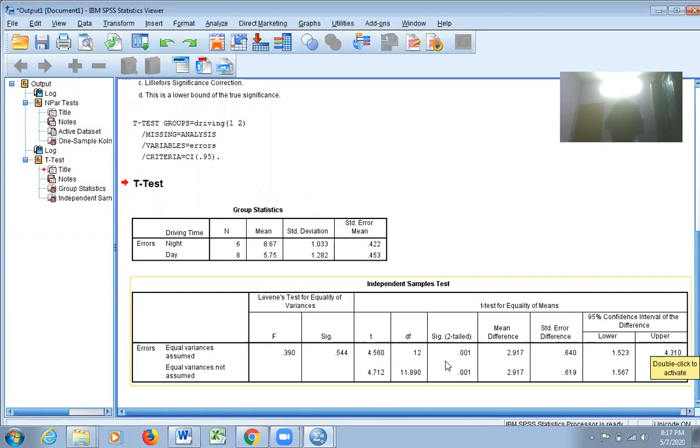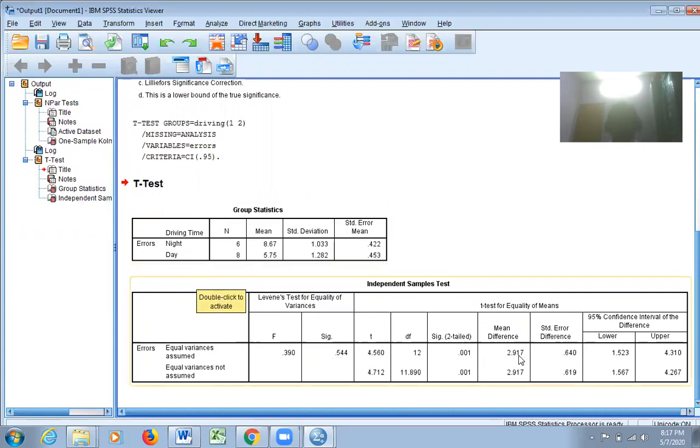Okay, it means that the SIG value is less than 0.05. If it is less than 0.05, it means that the null hypothesis is rejected and the alternative hypothesis is accepted. That means there is a significant difference in the errors committed by night drivers and day drivers. So there is a significant difference.